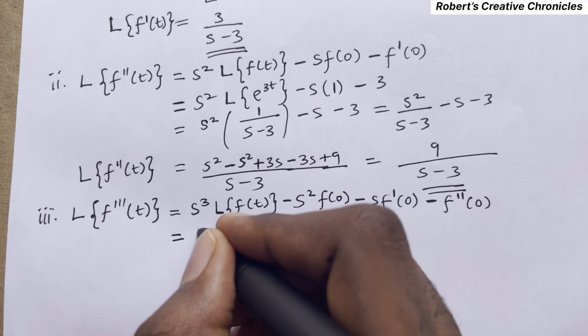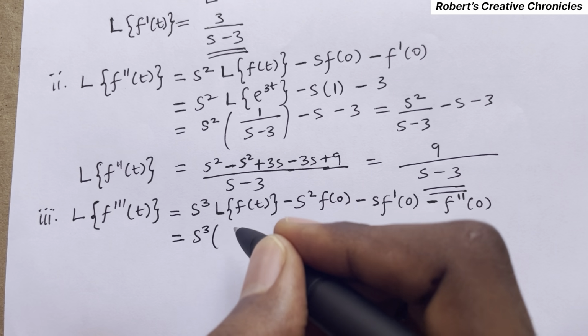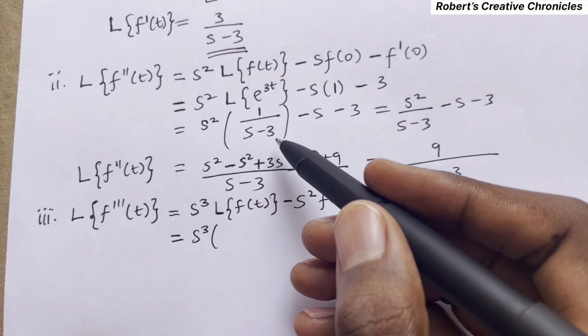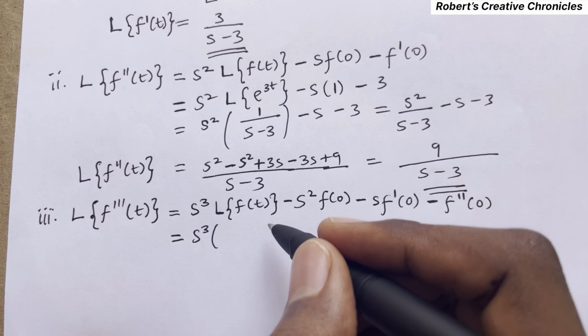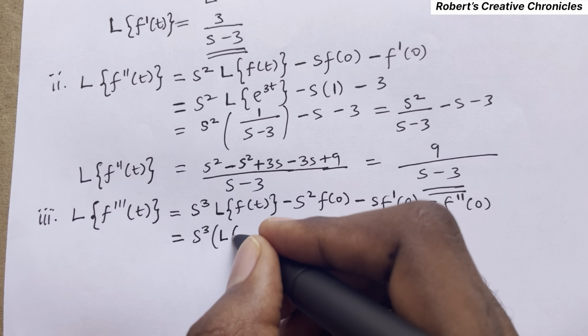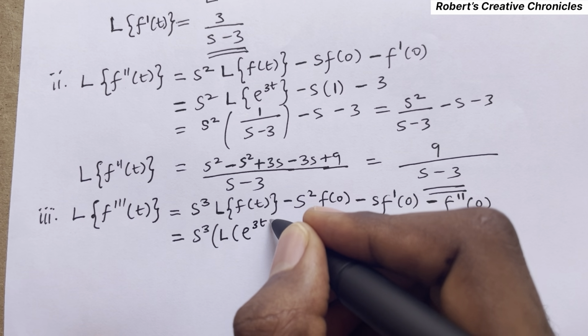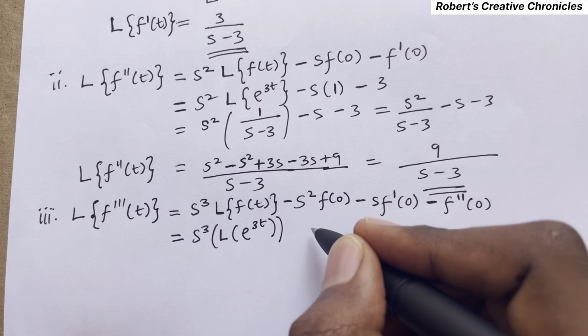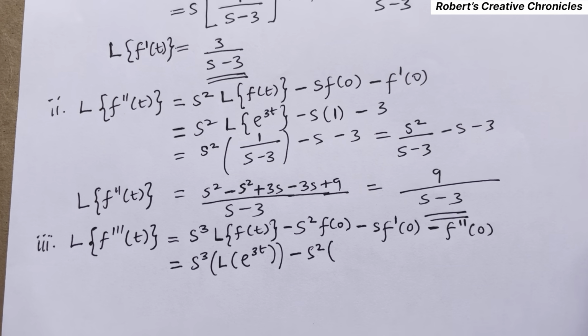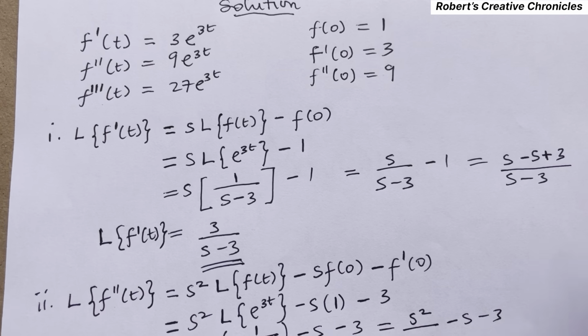This becomes what? S cubed. Then Laplace transform of this is what? We already have the Laplace transform is 1 over s minus 3, but you can still write it Laplace transform of exponential 3t, then minus s squared, then now f(0) is what?